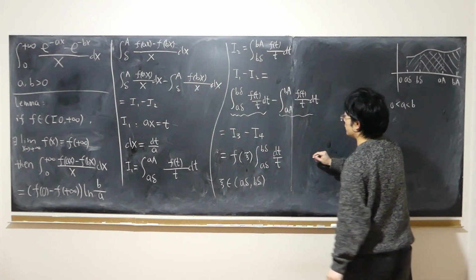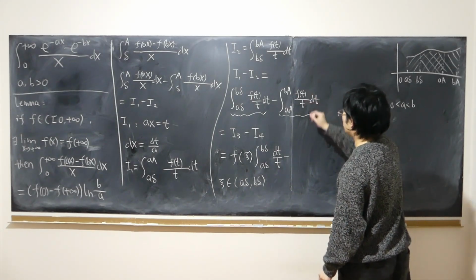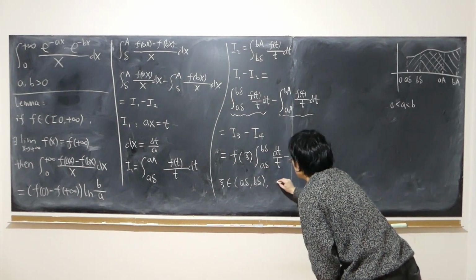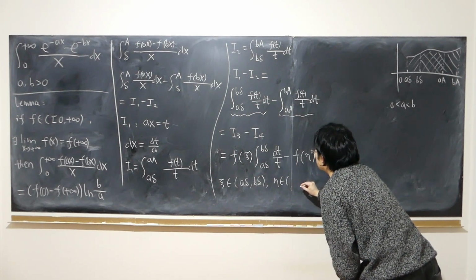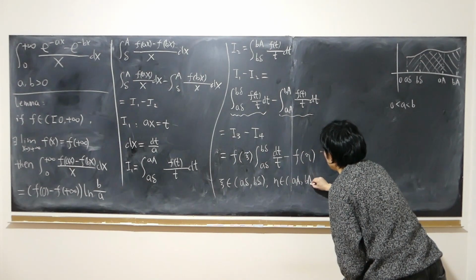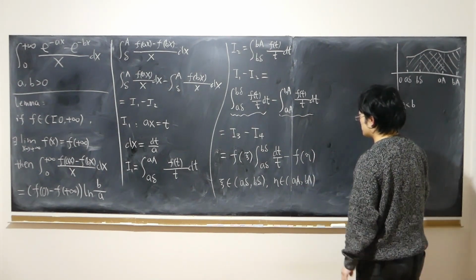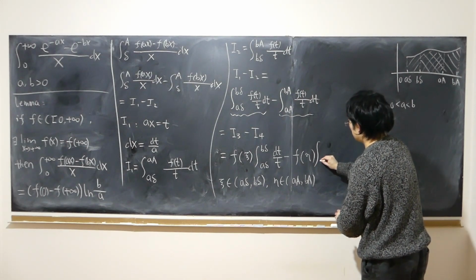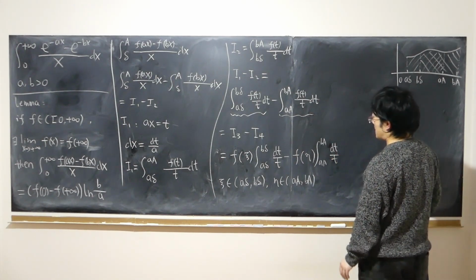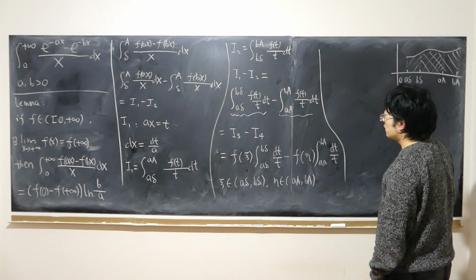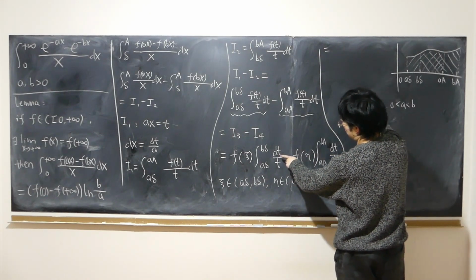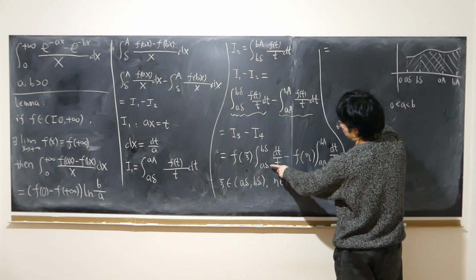And likewise, I4 is equal to, taking out f of t, f of eta, where eta lives inside the open interval from capital A a to capital A b, times the integral from capital A a to capital A b of dt over t. So in the end, this is log of t evaluated from this to that.